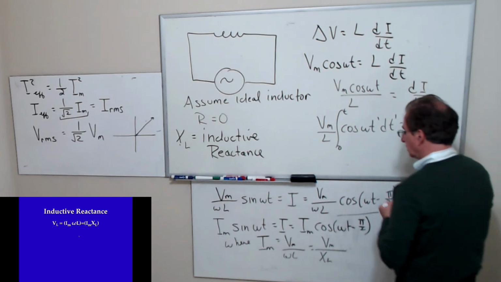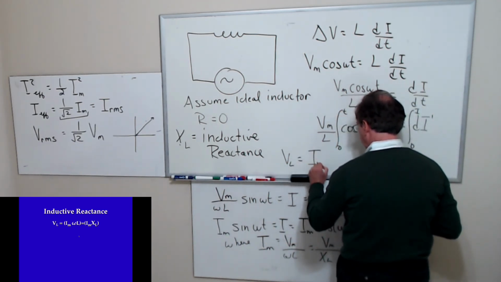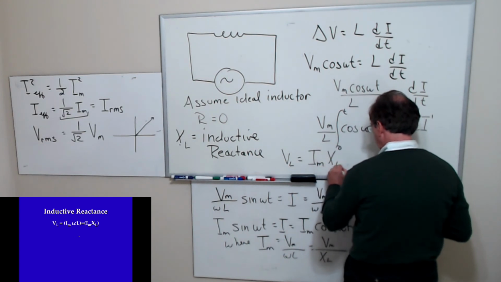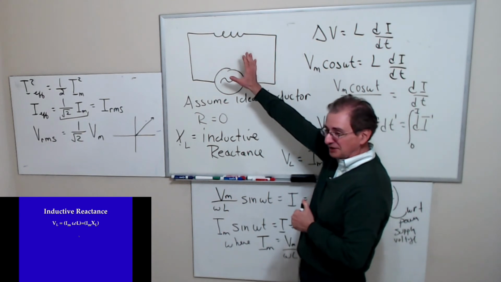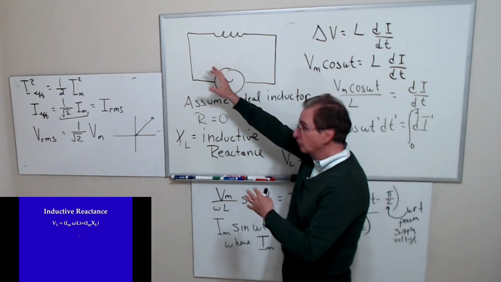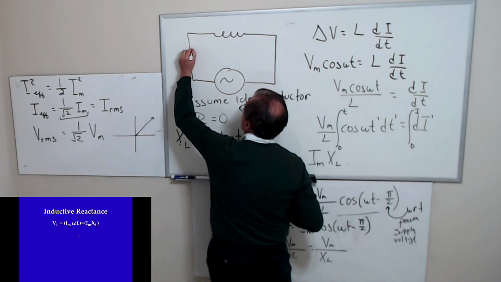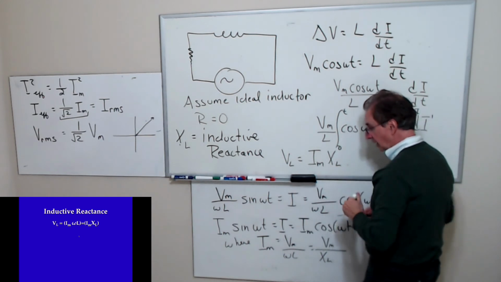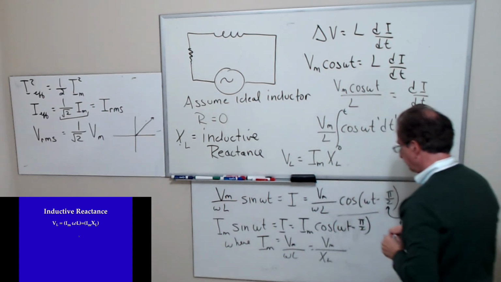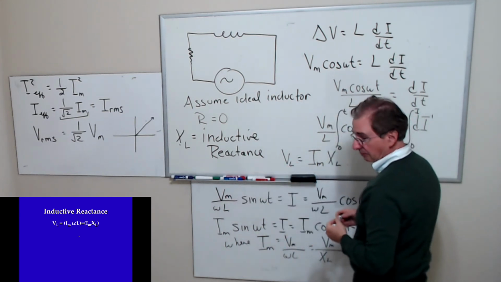Okay, so we can in general say, of course, this is obvious for the case when you have just the inductor in the circuit, but this is true when you have an inductor and a resistor. If I put a resistor here, this is still going to be I max times X sub L. In this particular case, V sub L equals V sub max.